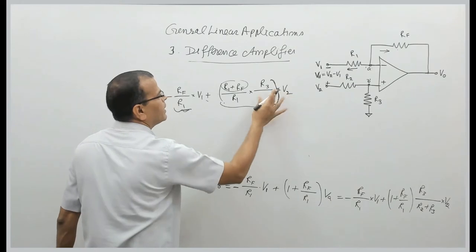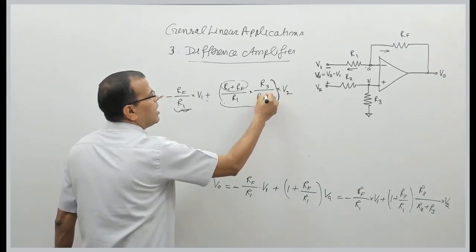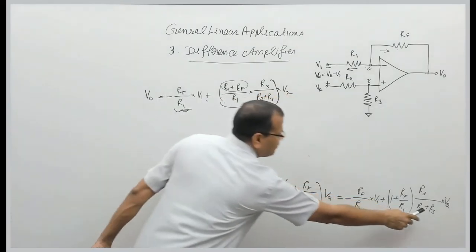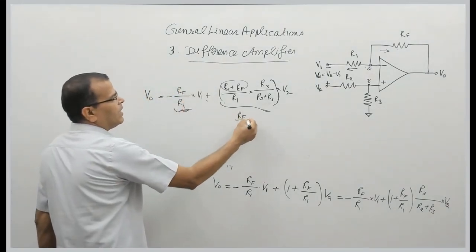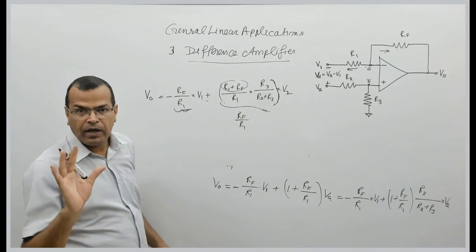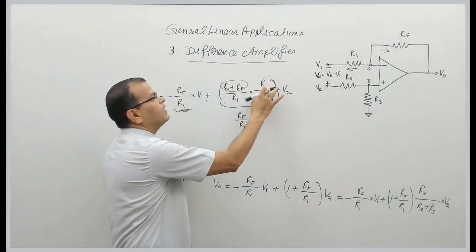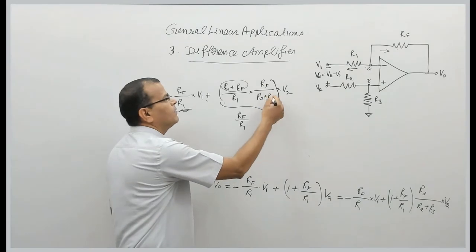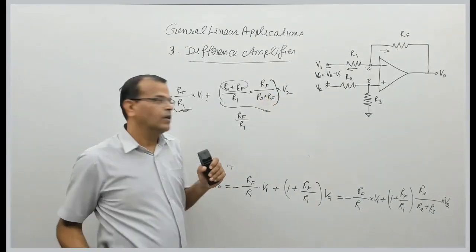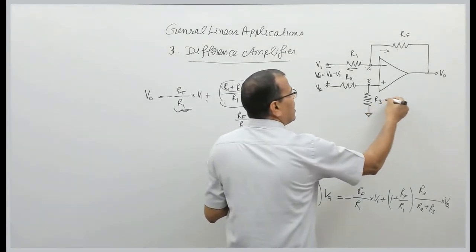I'll rewrite that expression, R3 by (R2 plus R3). So I have to make this the same as RF by R1. How can I make this R3 as RF? So I will say let R3 be RF.